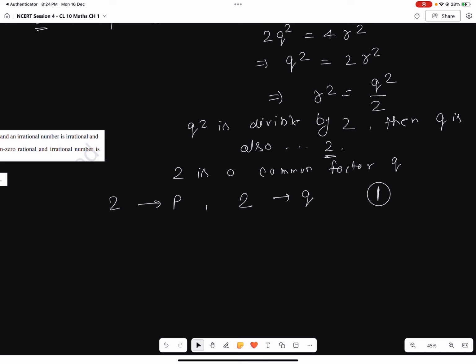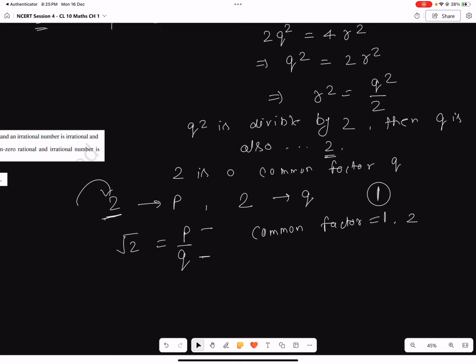So our starting assumption was that root 2 was p upon q, and p and q both have a common factor of 1. But now what we have derived is that they also have a common factor of 2. So if they have a common factor of 2, they cannot be a rational number, right?